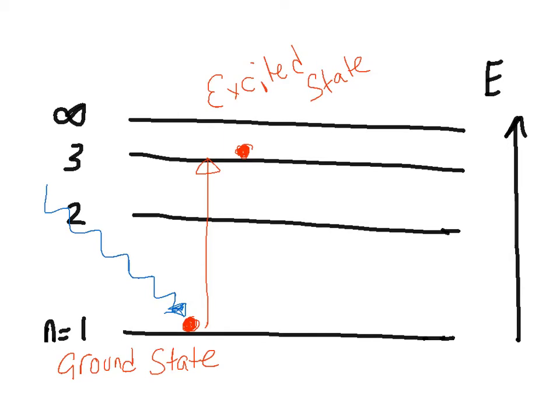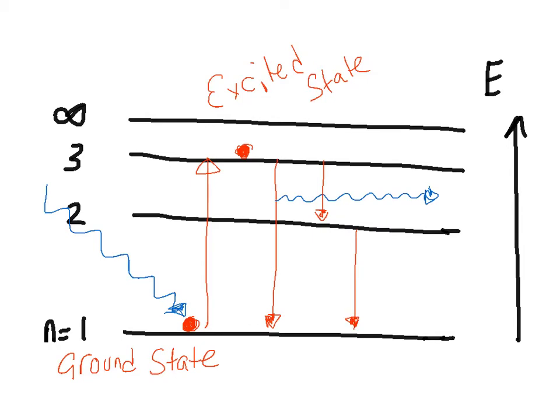They can do it in one of two ways: they drop back down to the ground state, in which case they would have to release some energy, or they could drop down a slightly different way to this step, and then down to this energy level.